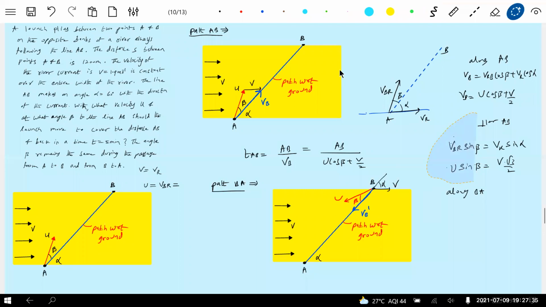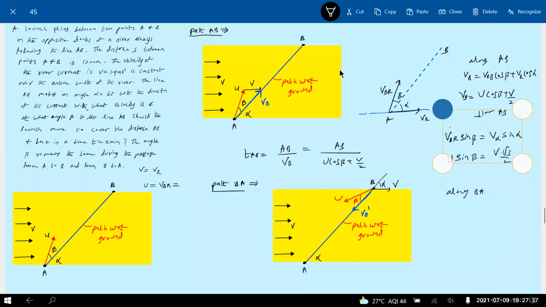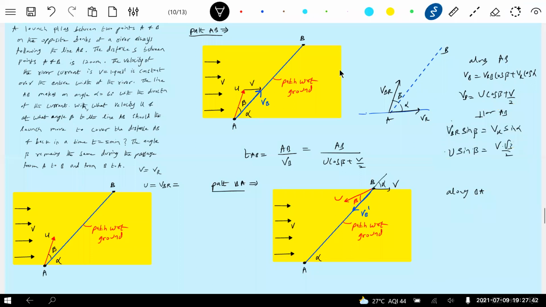I think we can push it up. Along BA we'll see it. What is the equation? VB dash should be equal to U cos beta minus VR cos alpha.